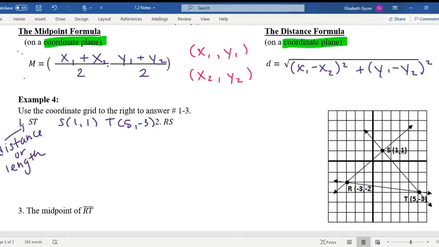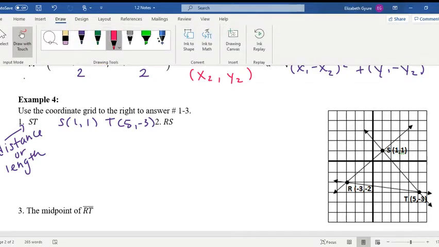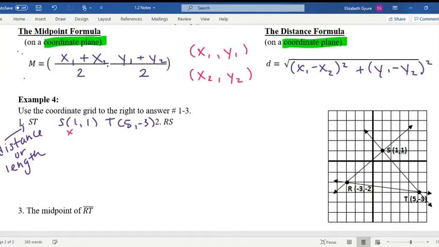The other reason I like to do that is because now I can label my x1s, my y1s, my x2s, and my y2s. It doesn't matter which one you choose. I'm going to do S as x1, y1, and then T is x2, y2.